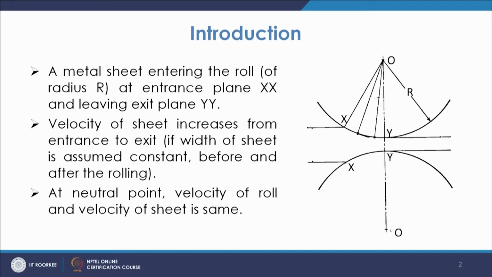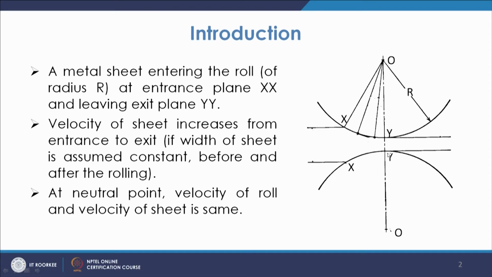going inside the rolls, and if the gap between the rolls is h f, that is the final height, certainly the strip which goes out will have the final thickness h f. So the strip with height h naught is reduced to the height of h f.